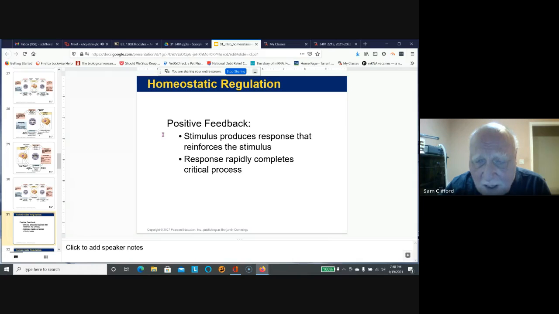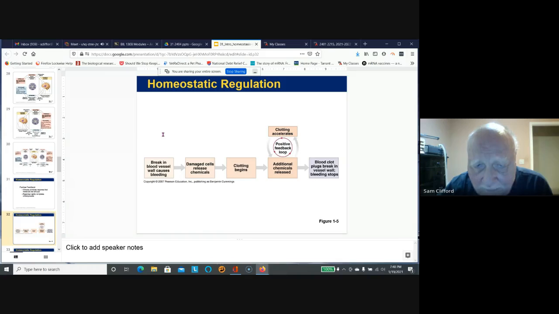So if you have a gash in your skin and you begin to bleed, as long as it's not very, very big or very, very deep, clotting is going to take place and you're going to have a blood clot form, and that rapidly completes the critical process. So if you have a break in a blood vessel, you have these steps to stop the bleeding. Otherwise, you would bleed to death.